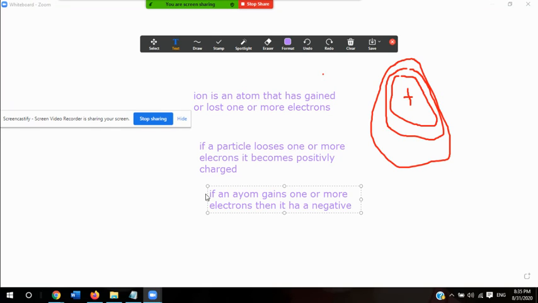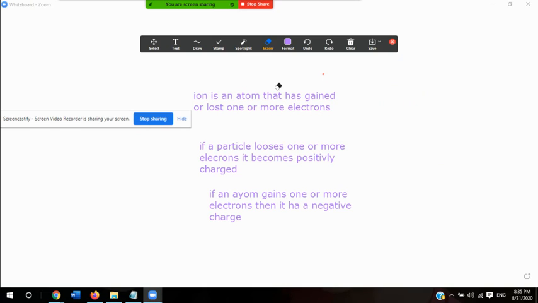The reason it has a negative charge is that it's going to have more electrons than protons. Okay, so let me continue over here.